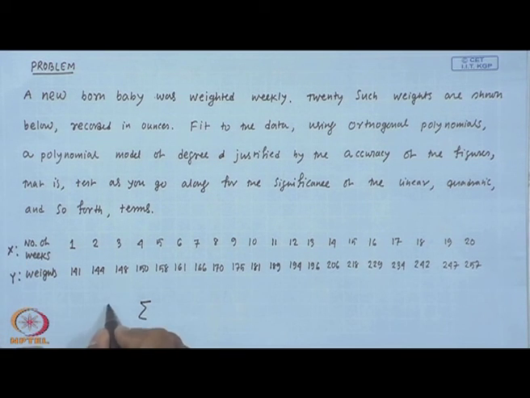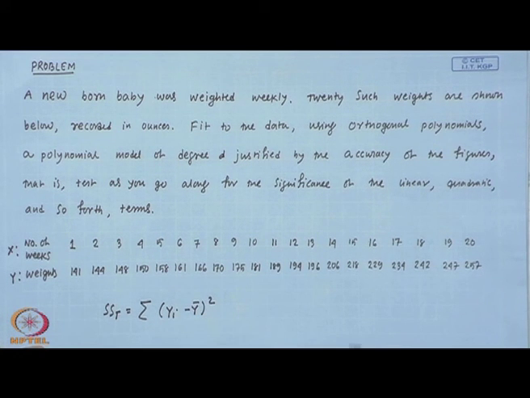You compute SS total first, to check the variability in y about the mean, that is y i minus y bar square. Once you know the total variability, you can check that this is 26,018. So, this is the total variability, and I want my model to explain this variability.